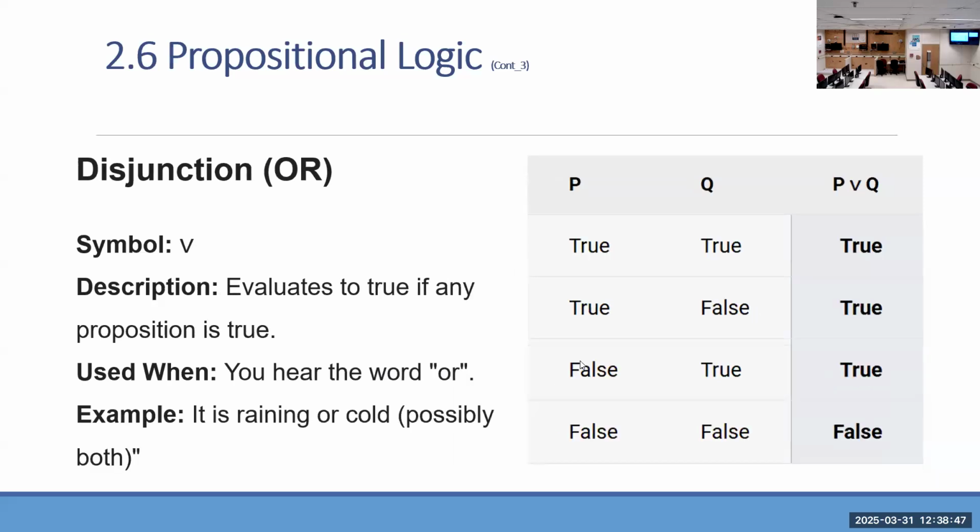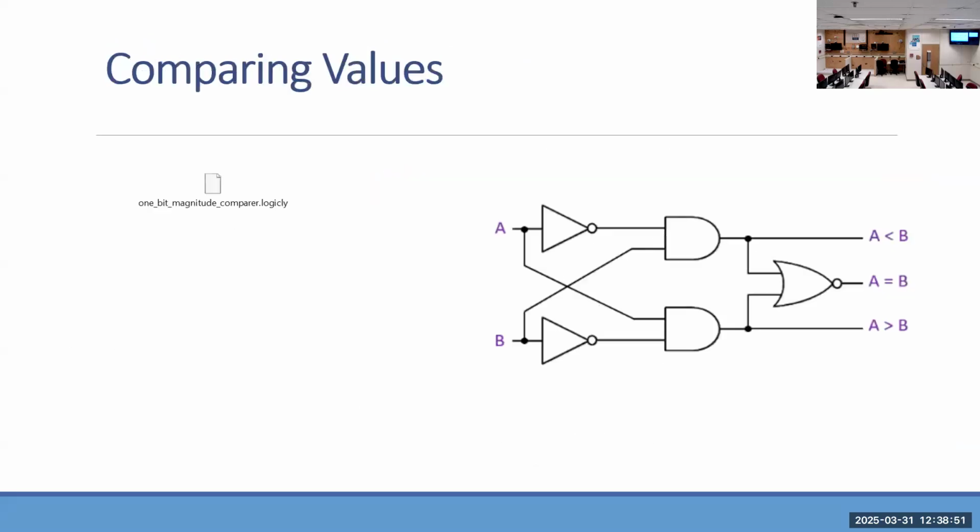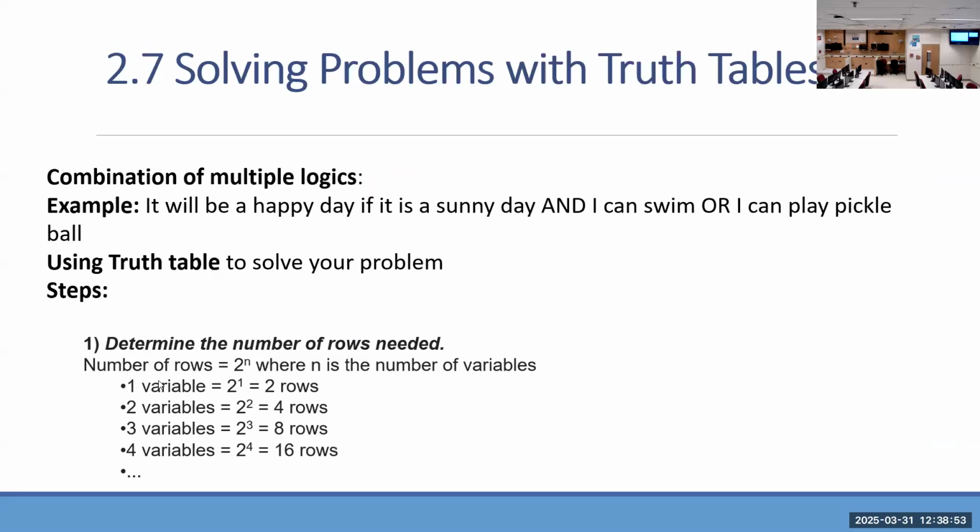And for the OR logic or exclusive OR, but actually in real life, you can have multiple combinations of logic. Think about the case, I give you an example. It will be a happy day. It is a sunny day, and I can swim or I can play pickleball.